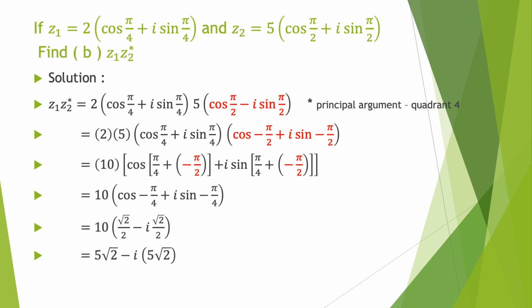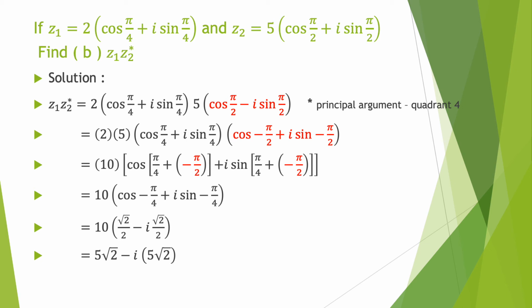So we do the further solution. Modulus z1 multiplied by modulus z2, so 2 multiplied by 5. So cis pi over 4 multiplied by cis negative pi over 2. We just add the arguments.